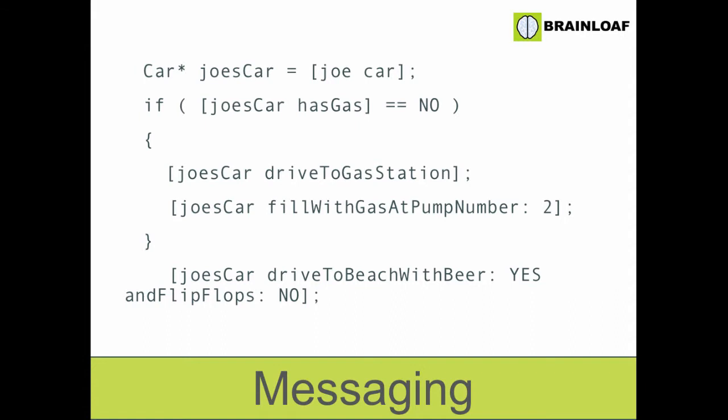The compiler will tell you if that message corresponds to a method that's on that class. However, you need to be careful if you try and get into dynamically sending messages to classes, that you first have to ask the class if it responds to that message and then decide whether or not to send it. Because again, if a receiver does not implement a method to respond to a message, it will crash.